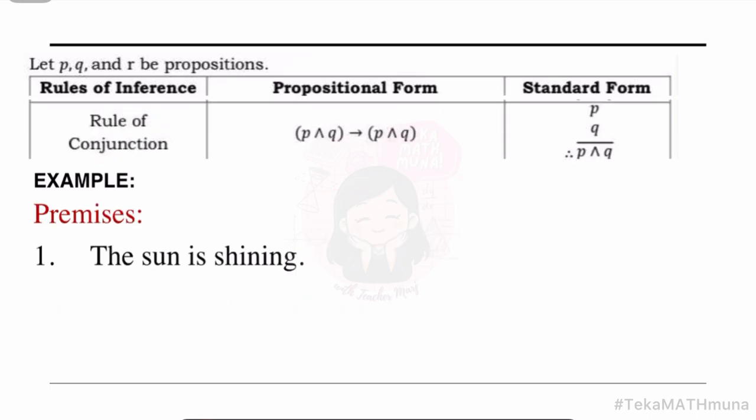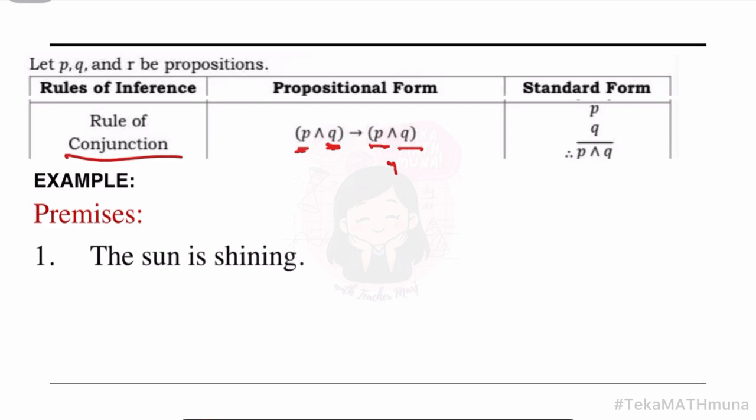Next, the rule of conjunction. The rule of conjunction lets us combine two true statements into one. So if P is true and Q is true, then we can conclude that P and Q is also true.